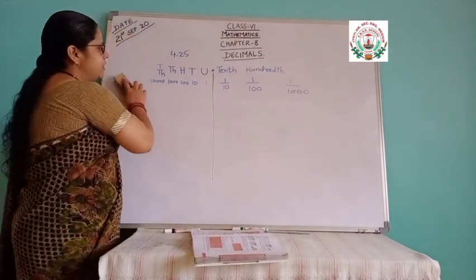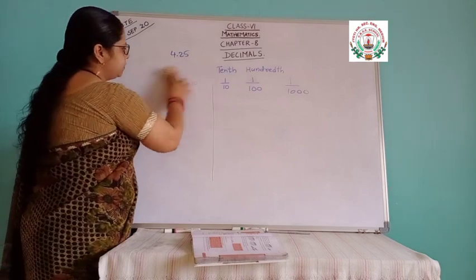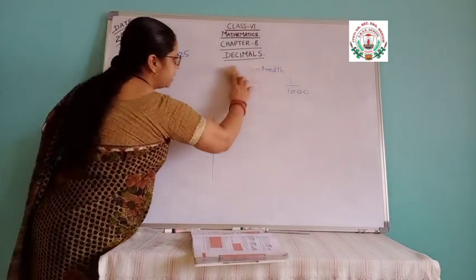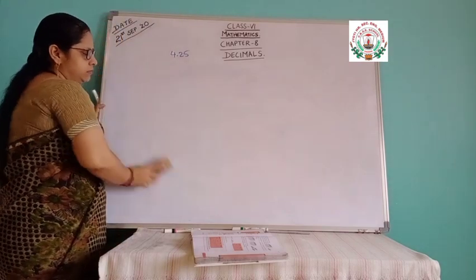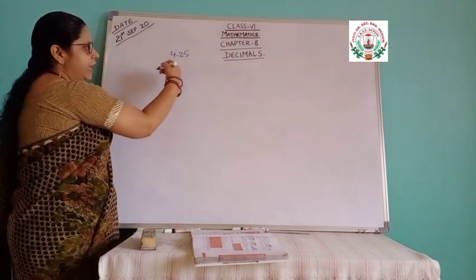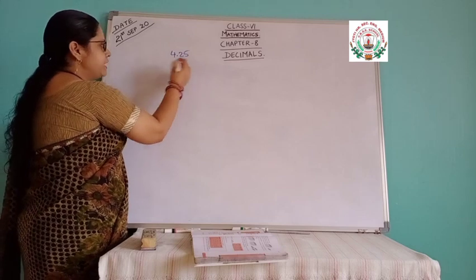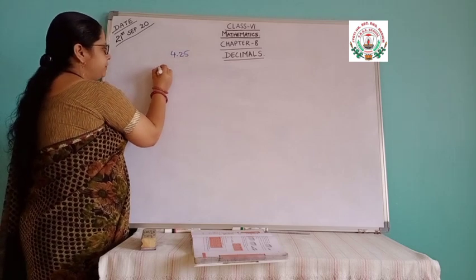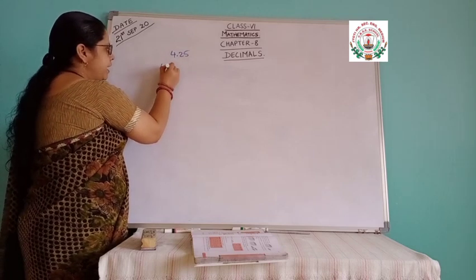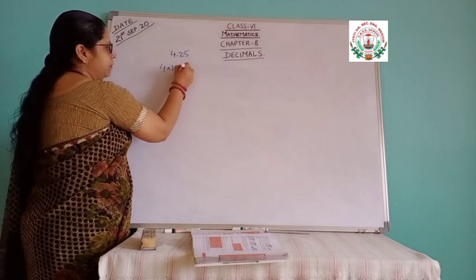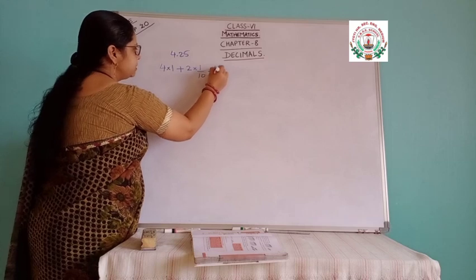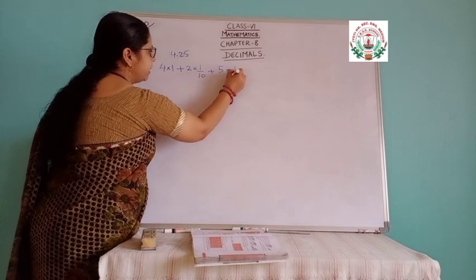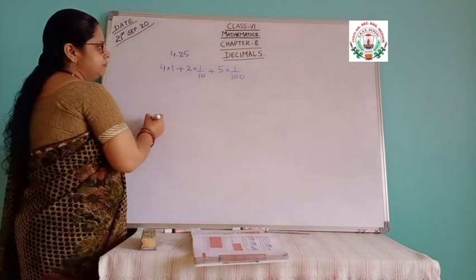Now if this number, 4.25, is asked to be written in expanded form, you will write 4 into 1 plus 2 into 1/10 plus 5 into 1/100. Is this clear?